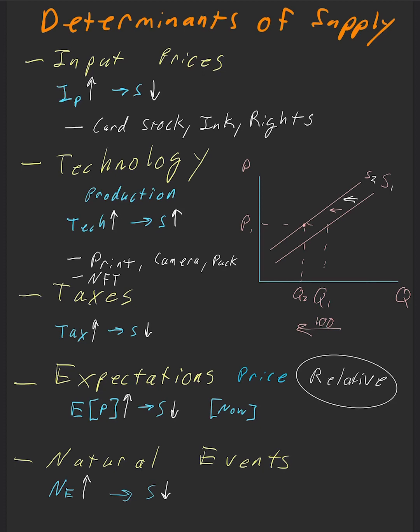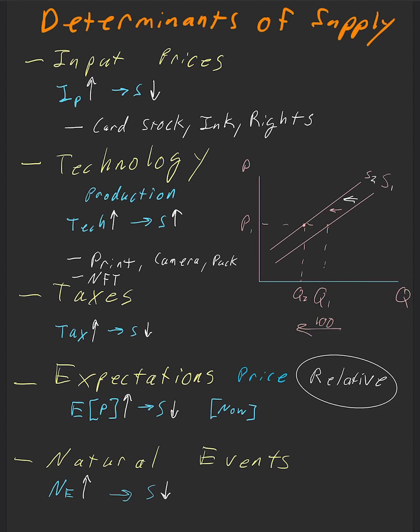How do we know that that's a decrease in supply? Well, at the same price, I was supplying quantity 1, now I'm supplying quantity 2, right? So at this price, how much do I supply in supply 1? I supply that much. At this price, how much do I supply with supply 2? I supply this much. That is a decrease, okay? So that helps us understand how that works.